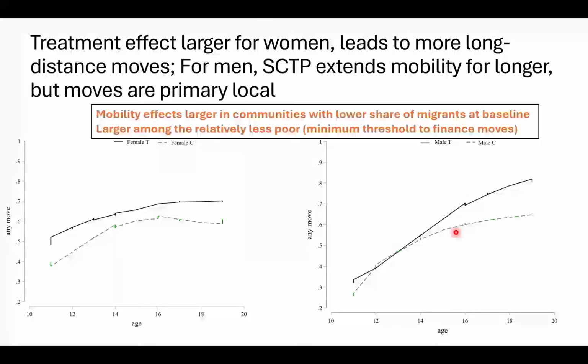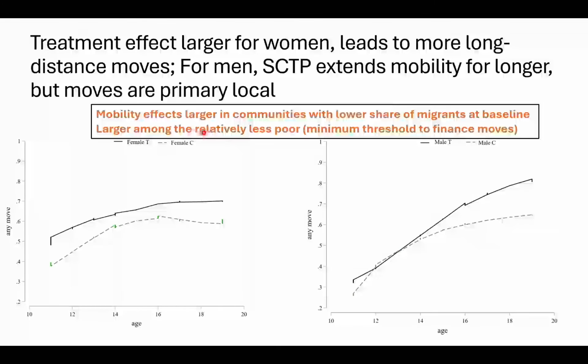And then Marwa does some interesting heterogeneity analysis. It shows that the treatment effects are larger in communities that have a lower share of migrants, meaning somehow the cash is like a substitute, right? Because usually we think if you have social networks that facilitates migration, but it looks like cash is somehow substituting for that or helping you overcome the lack of networks locally.